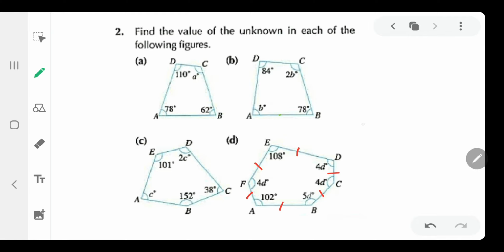So we have 17D plus 108 degrees plus 102 degrees. This is equal to 720.